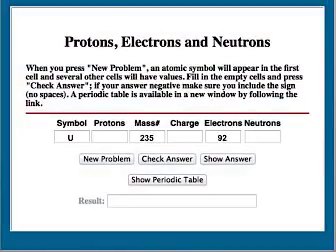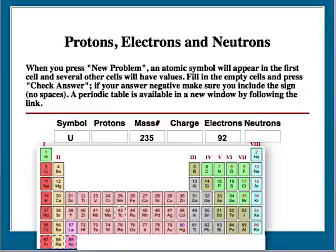Uranium-235. This is the isotope of uranium that you use when you make bombs. First step, look at our periodic table and find it. Well, I'm sure you're not having much luck because it's not there.